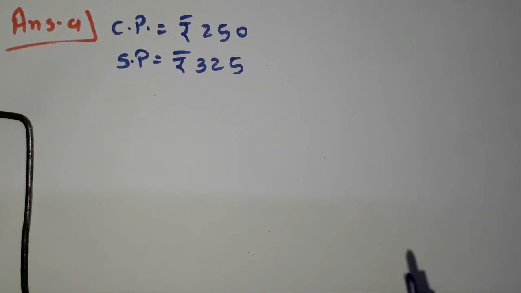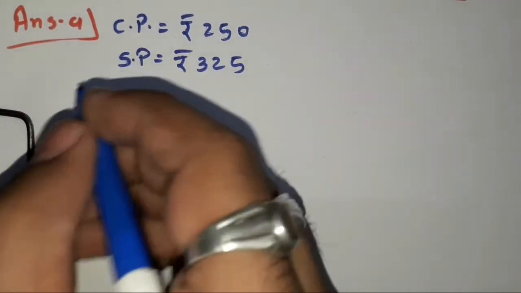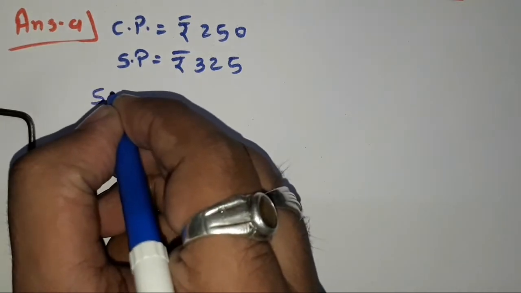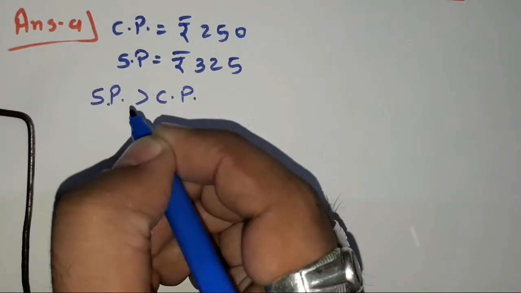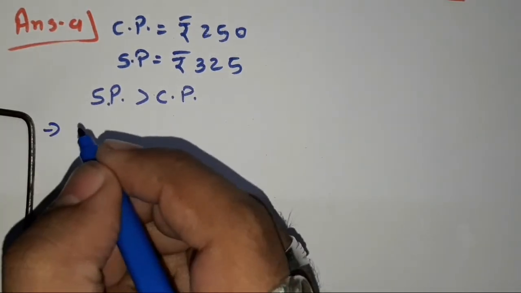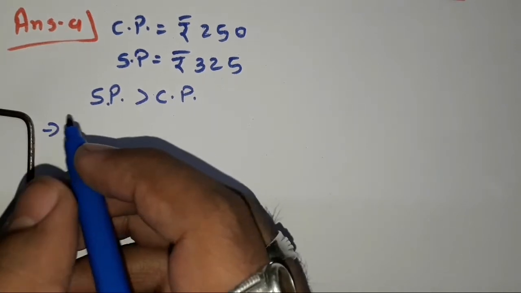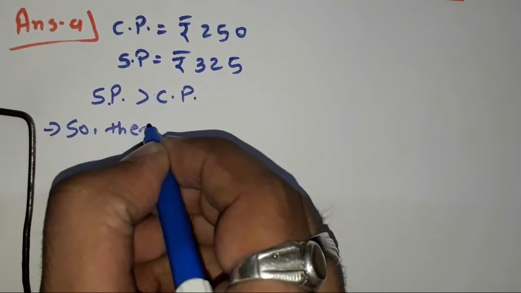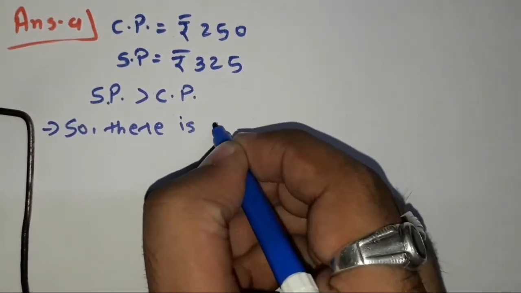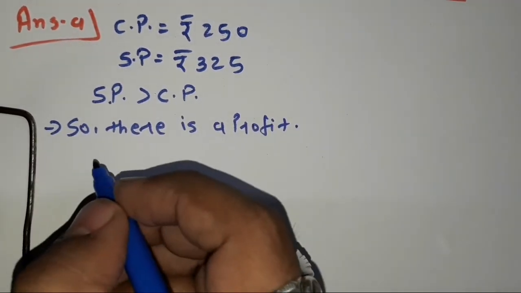Here we can clearly see that selling price is greater than cost price. So whenever selling price is greater than cost price, as we discussed in the introduction video, there is a case of profit. So here I will write that there is a profit.